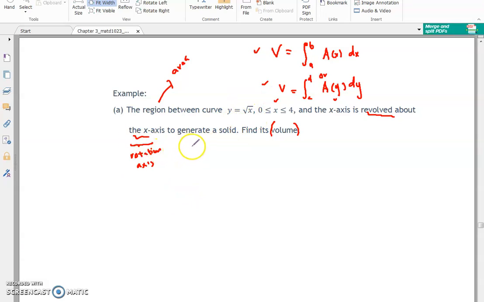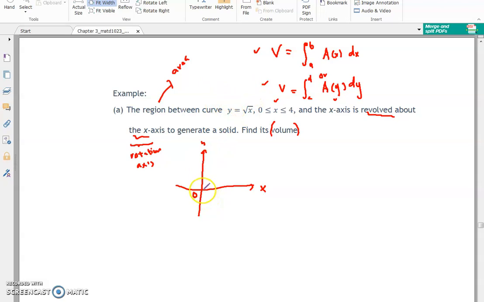Okay, now let us start with the first step, which is to sketch the graph of our function. Here we have the x and y axes. This is your y and this is your x-axis, and of course you are going to have your origin here. So y equals the square root of x.